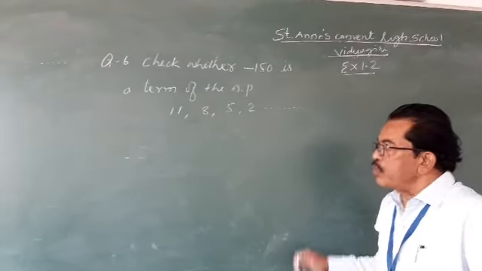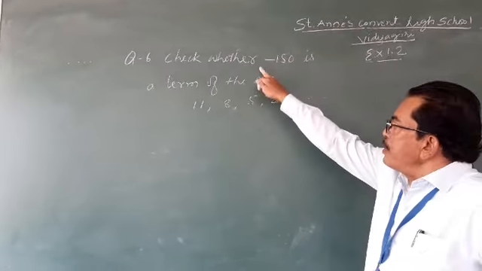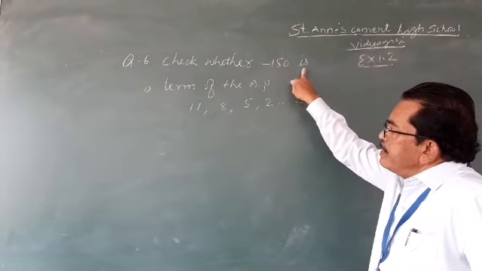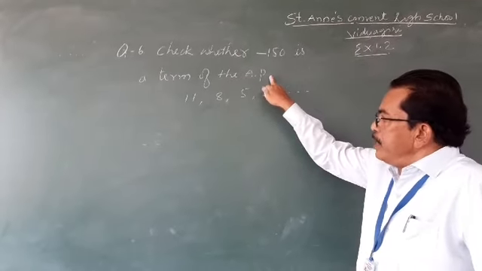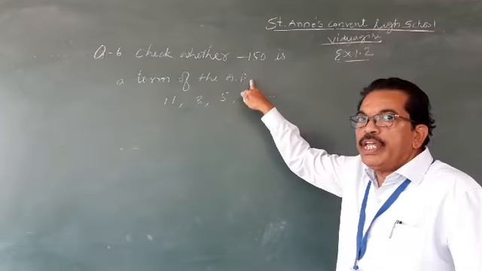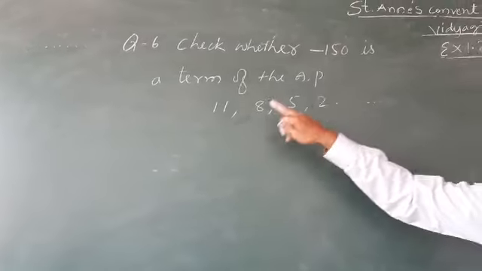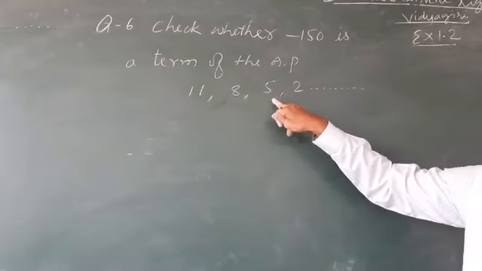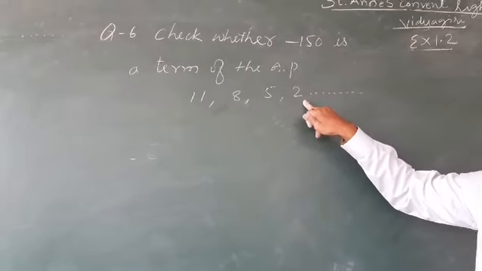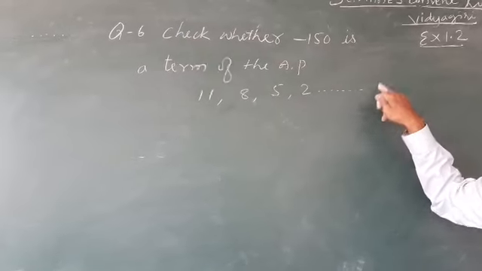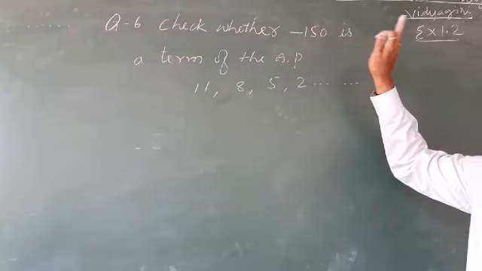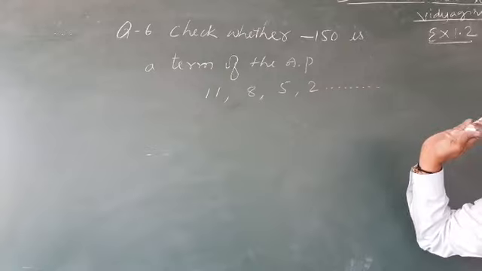Sixth one, question number 6. Check whether minus 150 is a term of the AP. See, the meaning of this problem is, suppose if we go on writing these terms, whether we shall get minus 150 or not, we have to check.